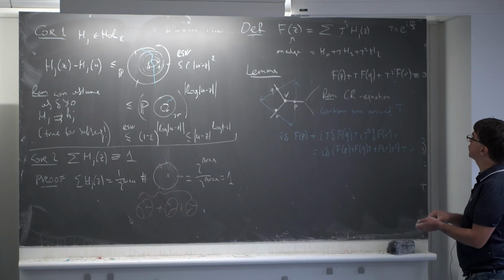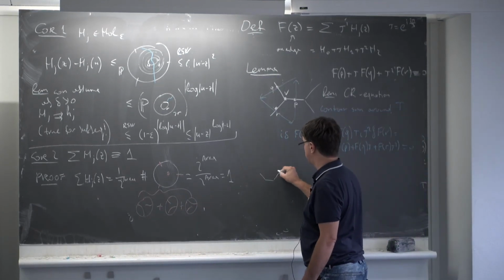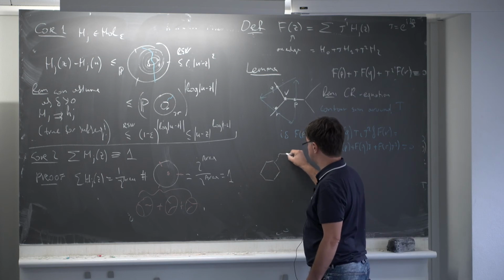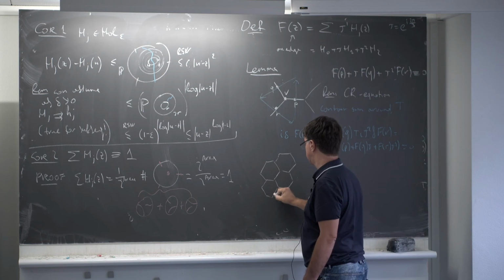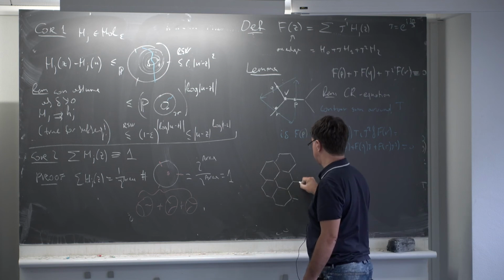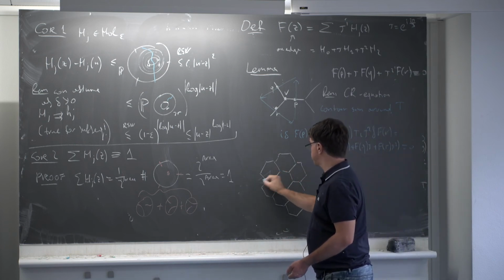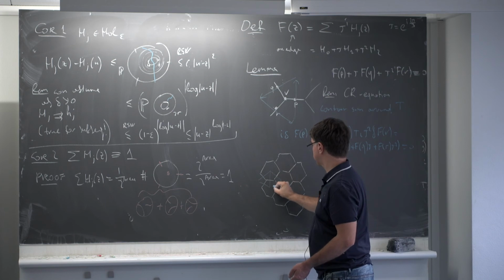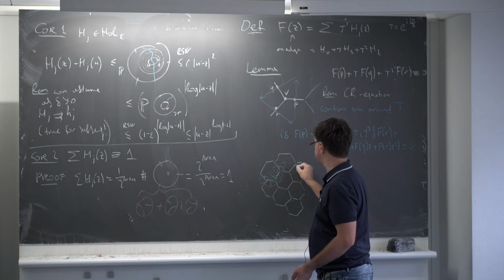So sticking this together, if we take a bigger portion of a hexagonal lattice, and we add these contours together, so I do these contour sums over all the triangles.